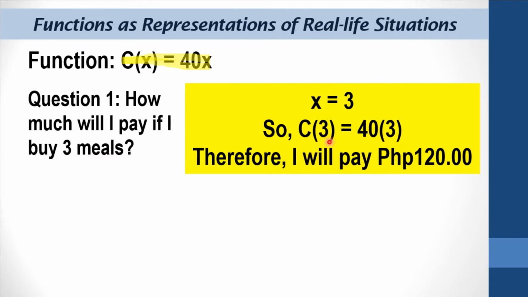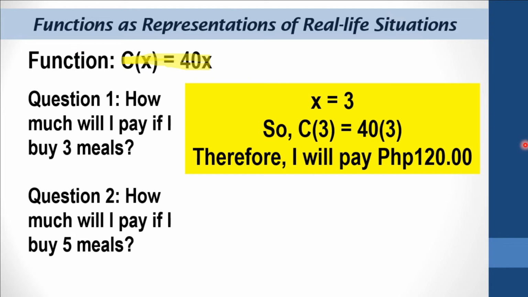C of 3 is equal to 40 times 3. So, bakit naging 3 dito? Kasi dito sa ating function, 40x, yung x natin ay equal to 3, since we are buying 3 meals. So, therefore, I will pay 120 pesos. So, ayan, alam na natin kung ilan yung babayaran natin kapag bumili tayo ng 3 meals.